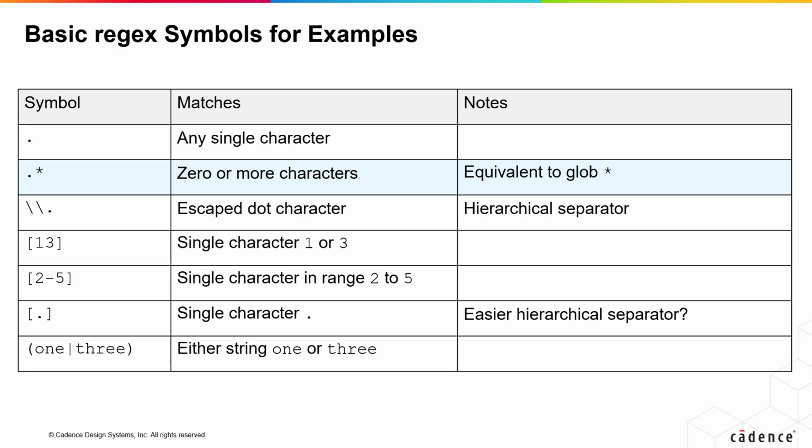If we wanted dot to match the UVM hierarchical separator, then it must be escaped with a double backslash. Square brackets define a list of alternative characters or a range. The contents of square brackets are interpreted as characters, so this is an easier alternative to reference the hierarchical separator. Alternate strings can be defined using the OR operator and delimiting the string list with brackets.